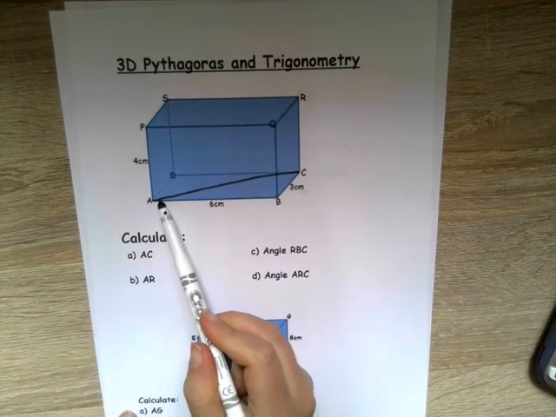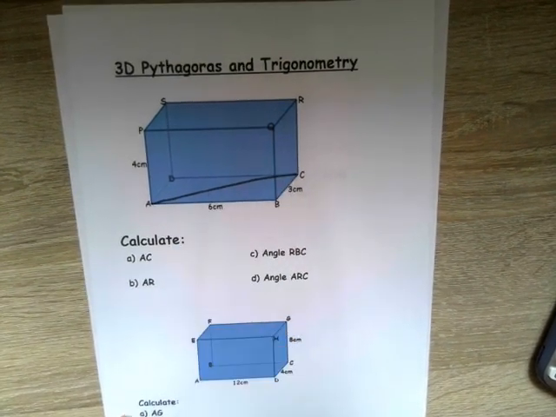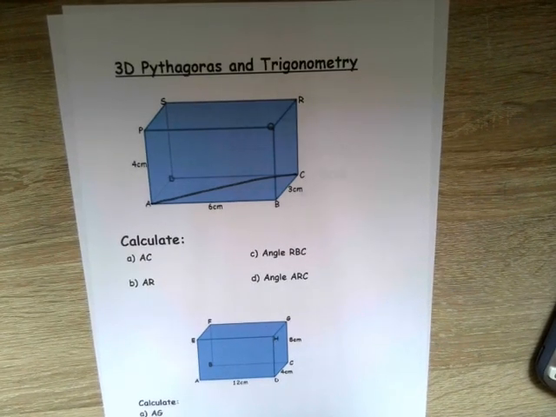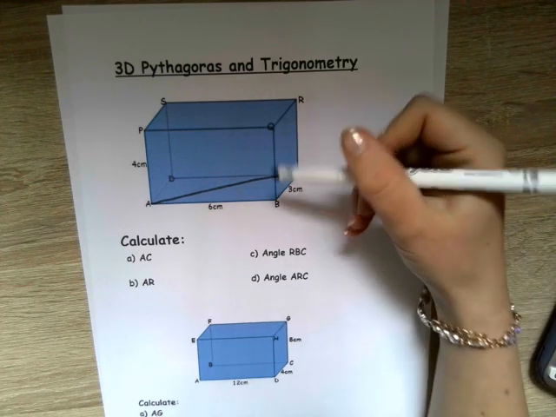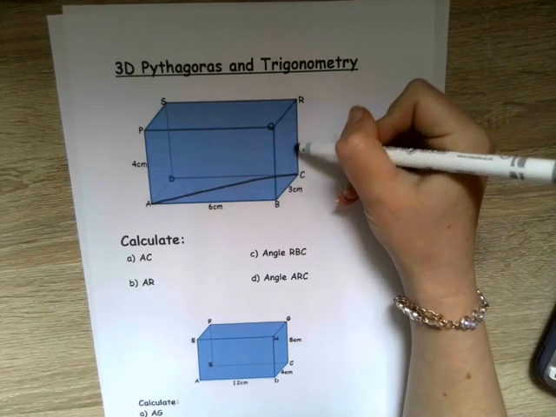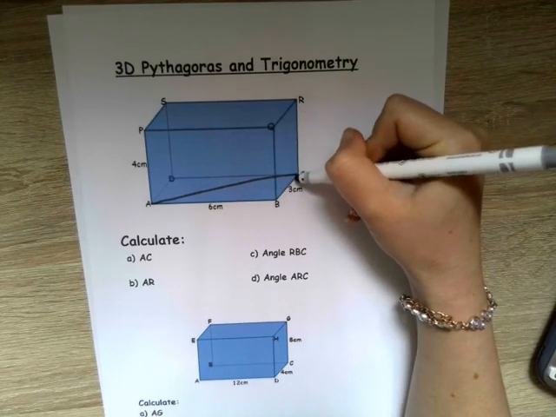So if we're going to work out this length here, it's all about looking for right angled triangles in that shape. Just to give you some indications of where we've got right angled triangles, on this side over here, if I joined B to R, that would make a right angled triangle here. The right angle would be over here.